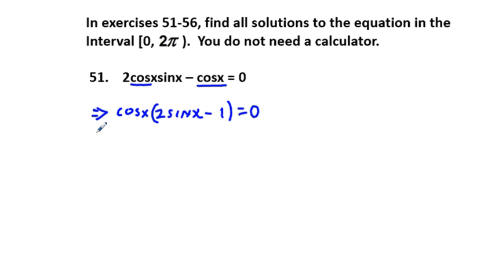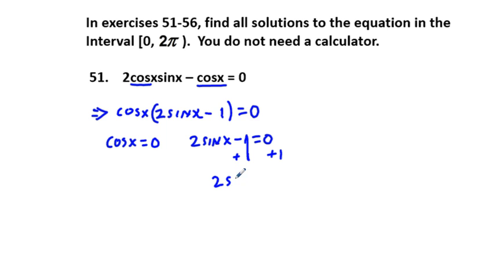And using principles of solving equations, we can set each of these factors equal to 0. So we have cosine x equals 0, and we have 2 sine x minus 1 is equal to 0. And we can solve the latter by adding 1 to both sides.